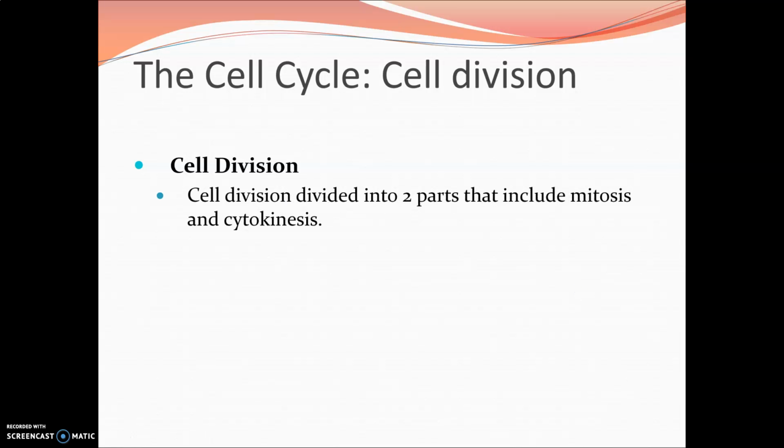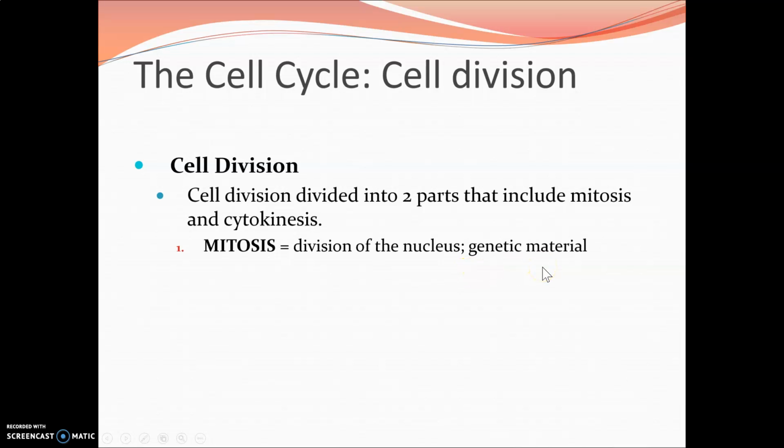Now, when we are talking about cell division with the cell cycle, we divide that cell division into two parts, like we said earlier, mitosis and cytokinesis. We're going to talk about these in a separate lesson, but to give you a little introduction, mitosis is the division of the nucleus and the genetic material.